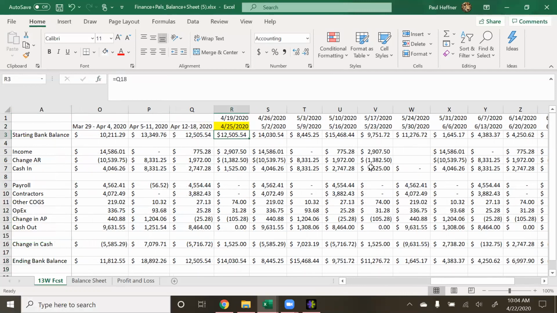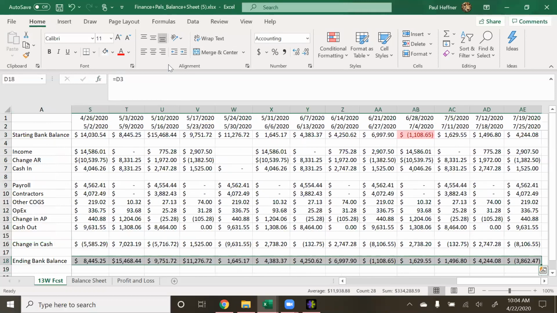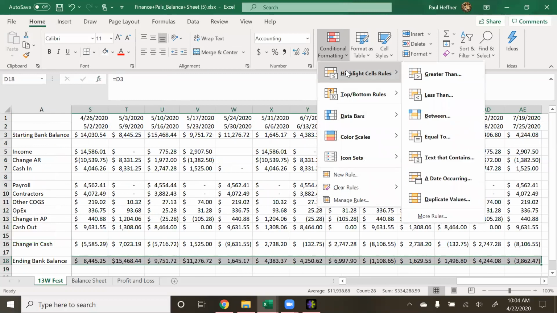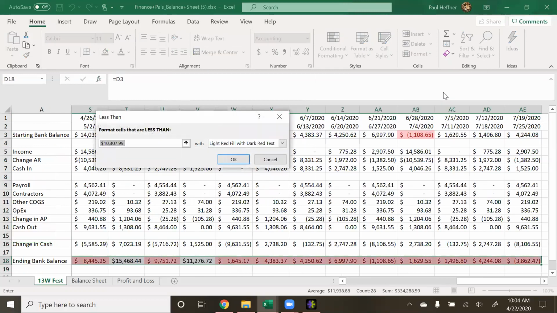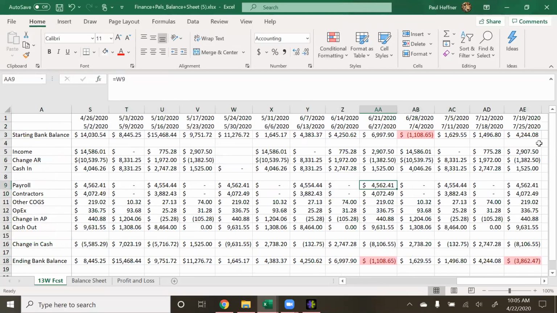Before it was us calculating, but yeah, it's going to run out down here. So we can see that the last week in June is where we're looking at running out of cash.